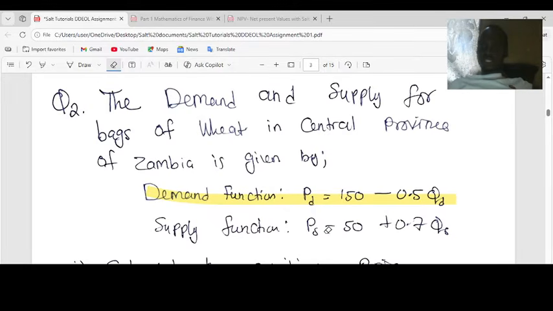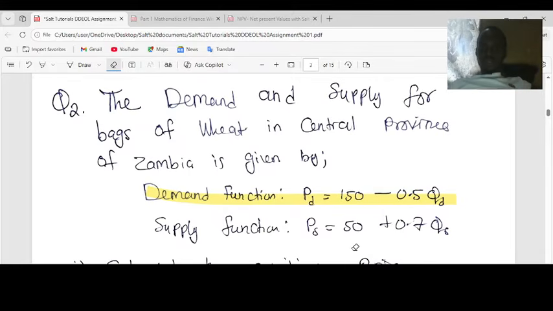It means it is a certain price which the suppliers are willing to give you the items at. 50 kwacha or more, we will give you. Anything less than 50 kwacha, we can't give you. That's the price they've set to say, we'll give you something at that particular price. The demand function, you are willing to say, I can't buy anything more than 150. Anything 150 or less, I will buy.